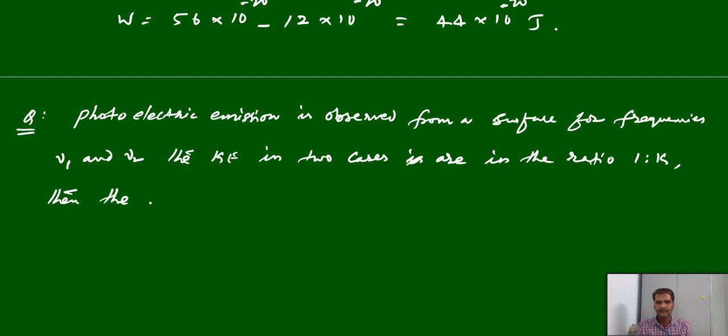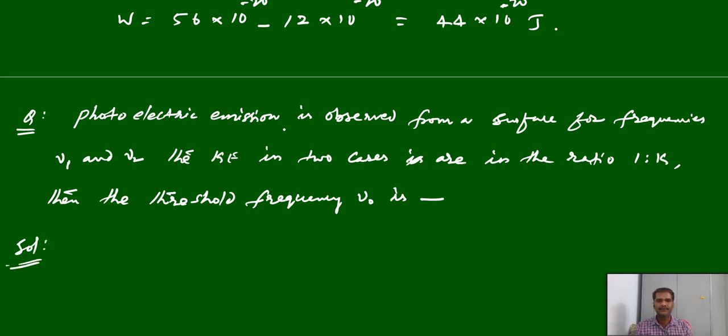Then the threshold frequency is, in terms of nu1, nu2 and k. In terms of kinetic energies and incident frequencies, we have to calculate the threshold frequency of that metal surface.